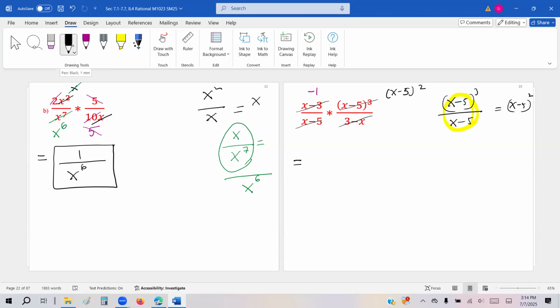So what remains then? Negative what? Negative and then only x minus 5 squared. Can you distribute the negative now?